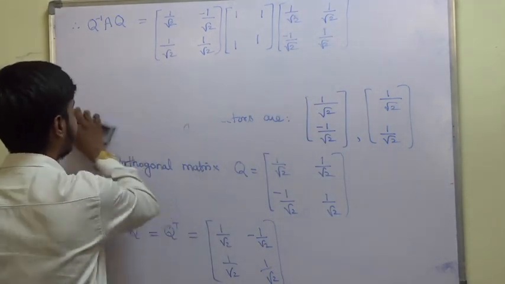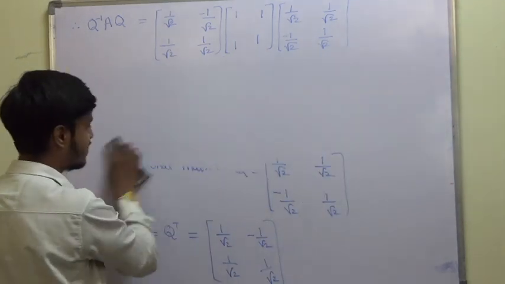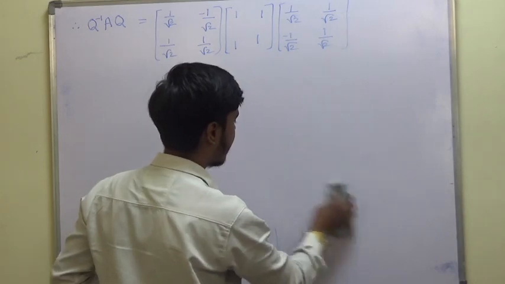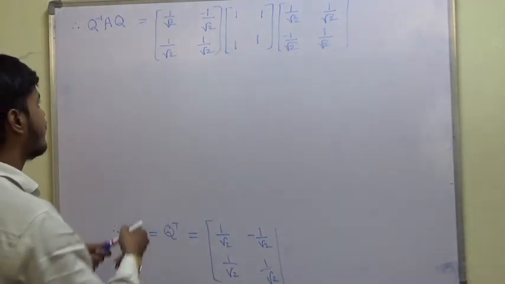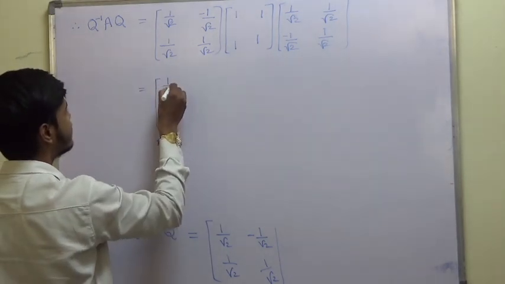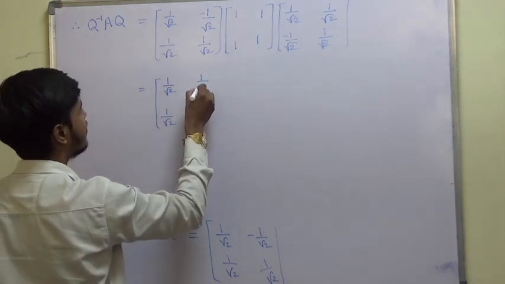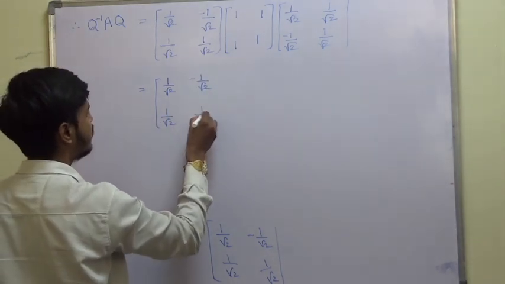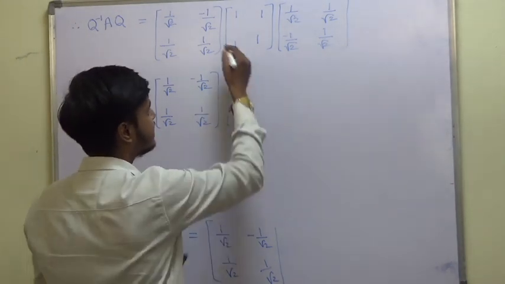If you are getting the diagonal matrix consisting of eigenvalues, it means whatever you have done is absolutely correct. So just multiply this. I am writing the first matrix as it is, and now multiply this matrix with this.